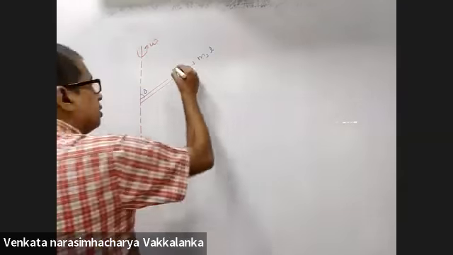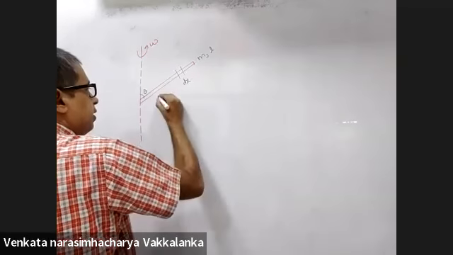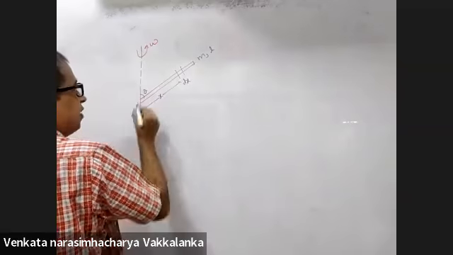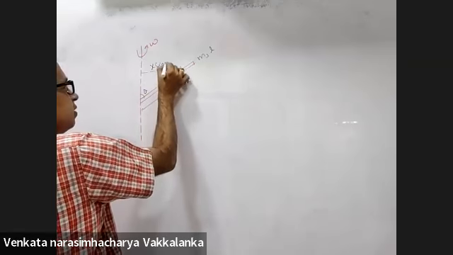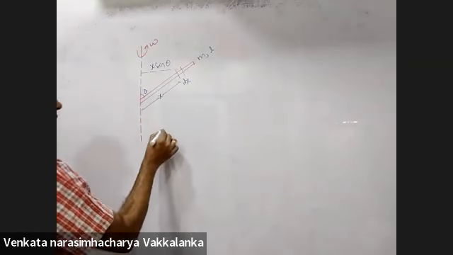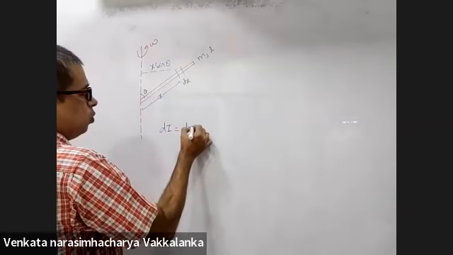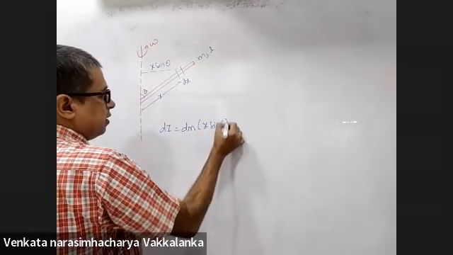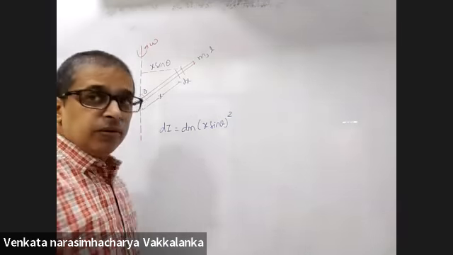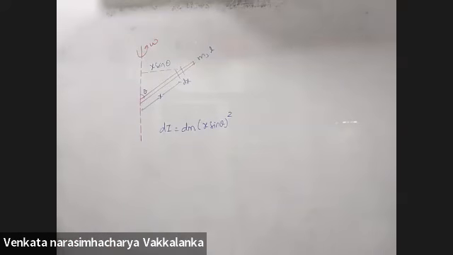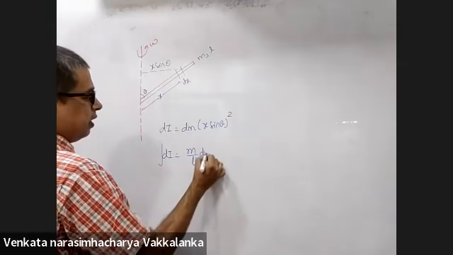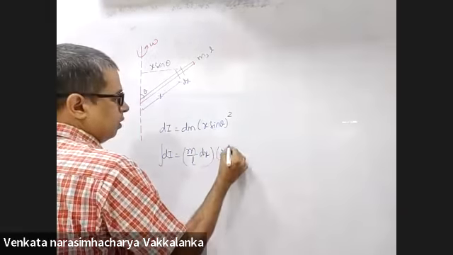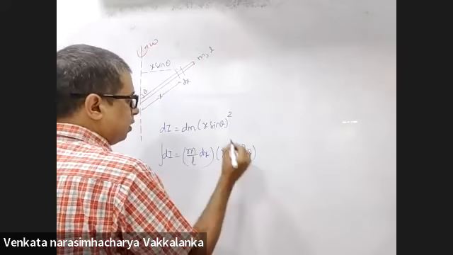Consider a small element dx at a distance of x. What will its distance from the axis be? x sine theta. dI will be equal to dm into (x sine theta) whole squared. Sigma of m_i x_i squared. Integral of dI, mass per unit length into dx, x squared sine squared theta.